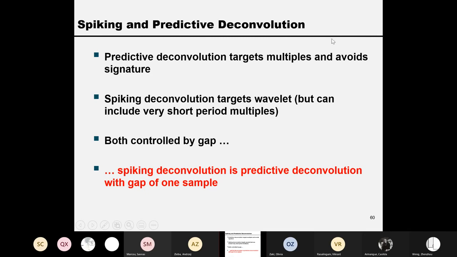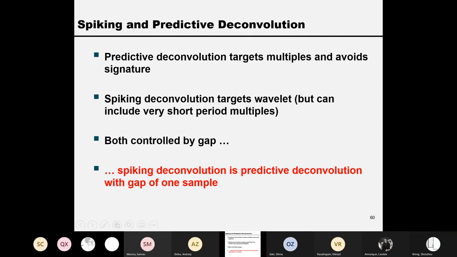We can unify these two deconvolutions by assuming they're both controlled by a gap. So spiking deconvolution can also be treated as a predictive deconvolution, but in this case, the gap is only one unit, one sample, the first one, spiking, right? So now we can unify these two deconvolutions. In fact, in commercial software, spiking deconvolution and predictive deconvolution are a single piece of software.